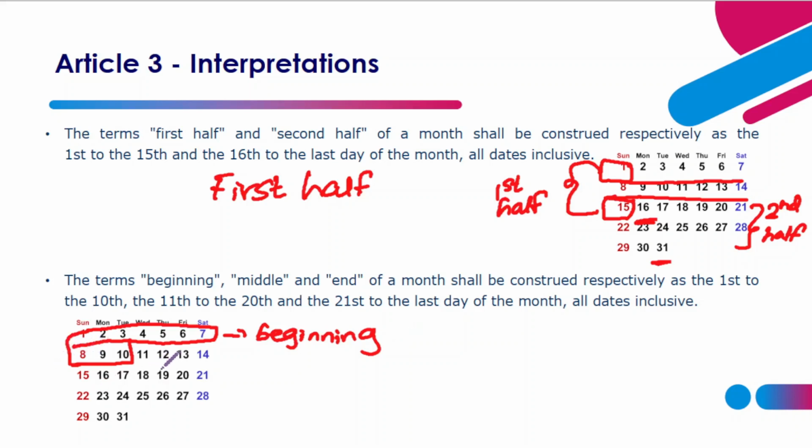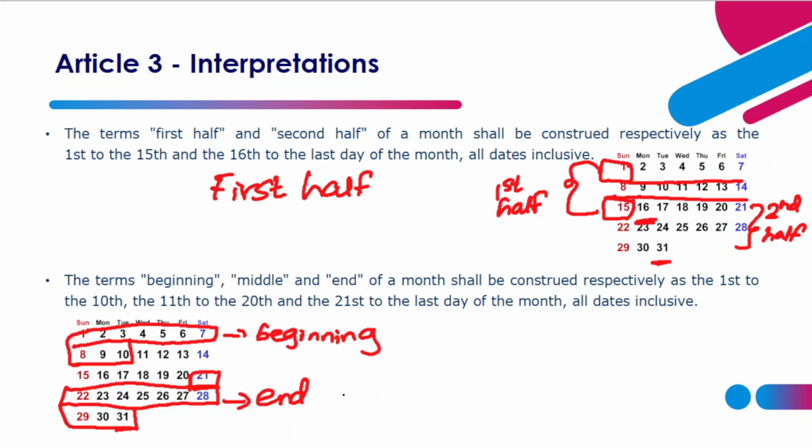What do you mean by middle? From 11th to the 20th. This particular date range of the next 10 days is what the word middle refers to. The end refers to from the 21st till the very last day. So this date range is the end of a month.